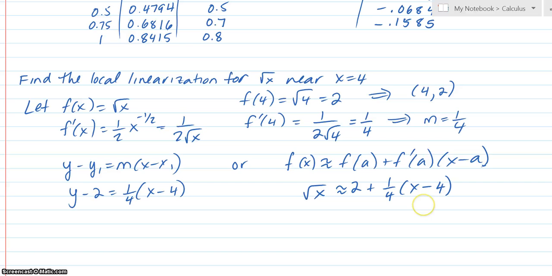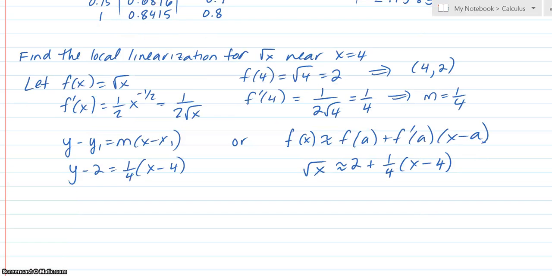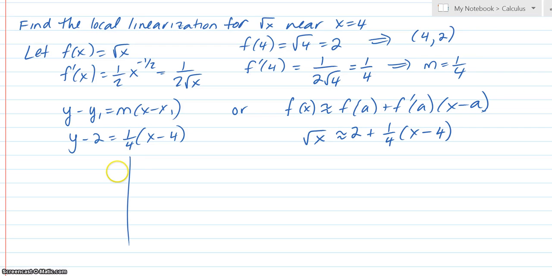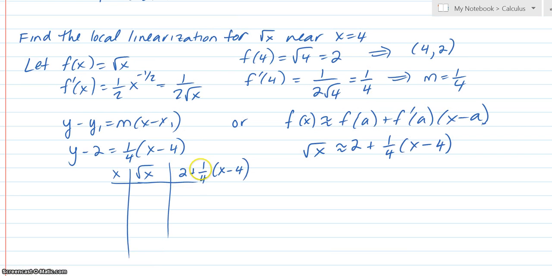But you notice if you leave it just like this and not actually multiply that out, you can then look here, check out square root of x and our approximation. So we'll call this 2 plus 1/4 times x minus 4. If we compare those three, so let's do things near 4. So what did we say?